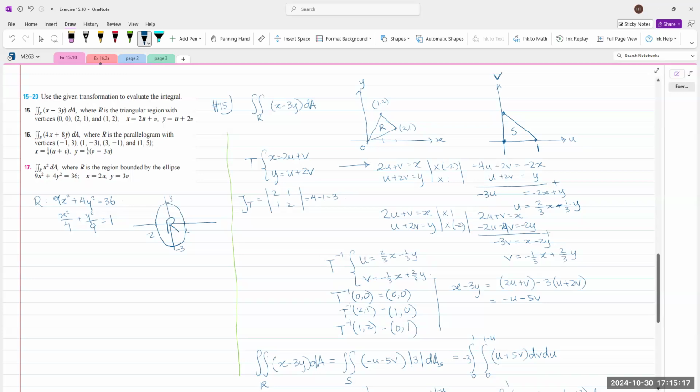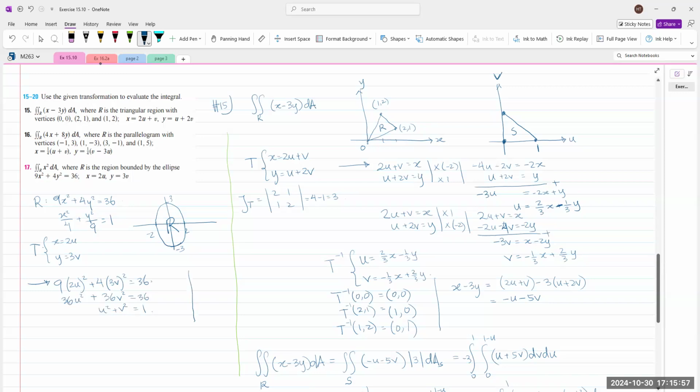Okay, and then the transformation T is x equals 2u and y equals 3v. I can just substitute this into the boundary of R. Okay, so 9 times (2u) squared plus 4 times (3v) squared equals 36. 36u squared plus 36v squared equals 36, so u squared plus v squared equals 1.